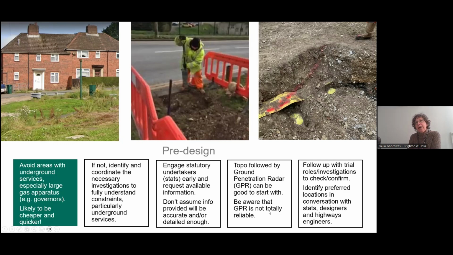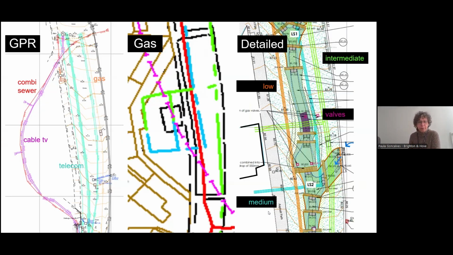Yeah, the underground services were a huge, huge learning curve for us because we've got different ways of assessing where they were. And we had ground penetration done. We had drawings from the gas and the various utilities.